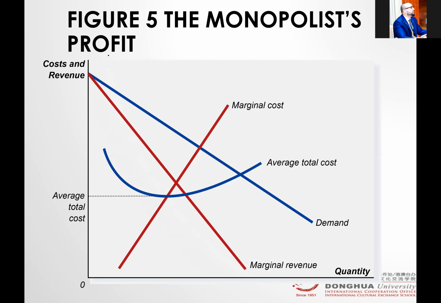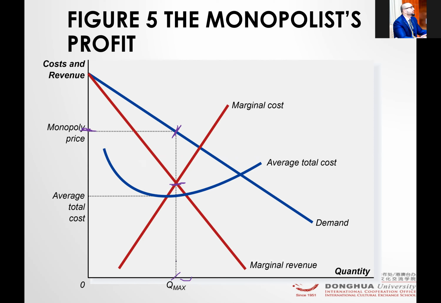So you see here, what is the profit? Where we need to produce, where MC is equal to MR, this condition, we need to produce here. And what is the price at Q max? It's on the price line. So you draw here to find out the price per unit.